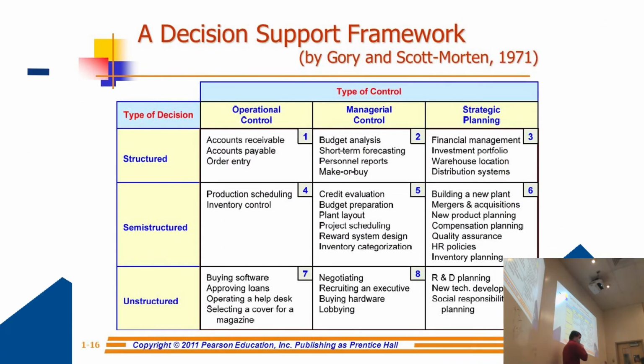All right, different types of decisions. So this is looking specifically at the decisional role. There are three types of decisions we may see. Okay, the first is going to be structured decisions. With structured decisions, there's going to be very little uncertainty regarding the outcome. So, for instance, you're looking at accounts receivable.